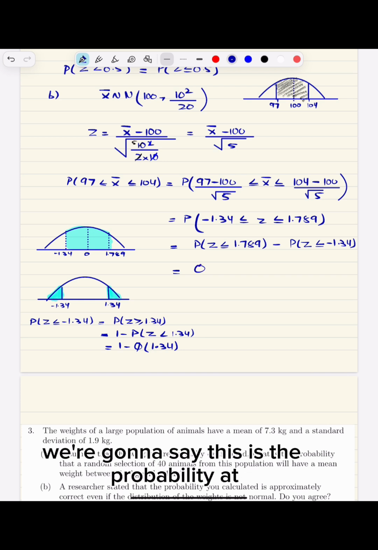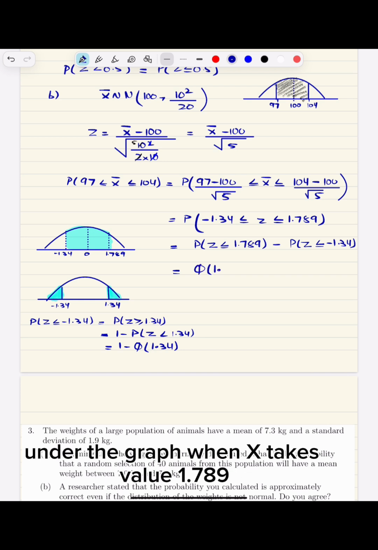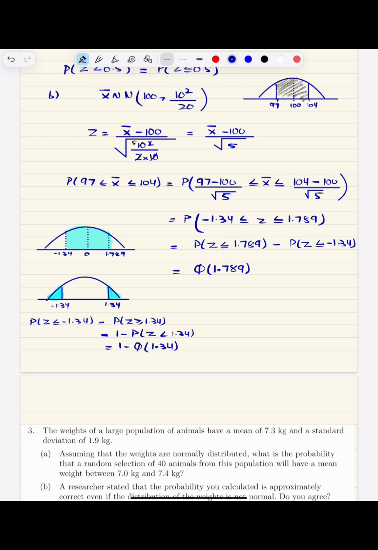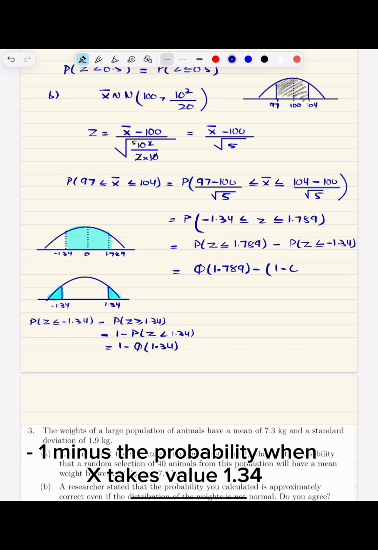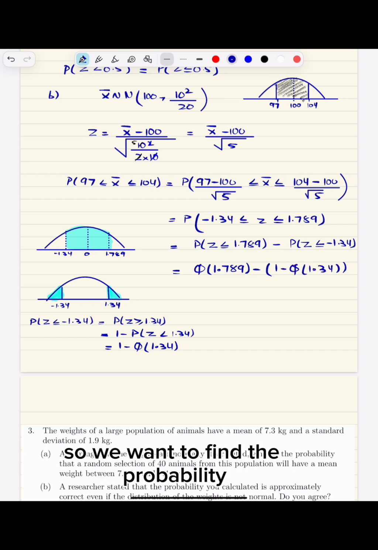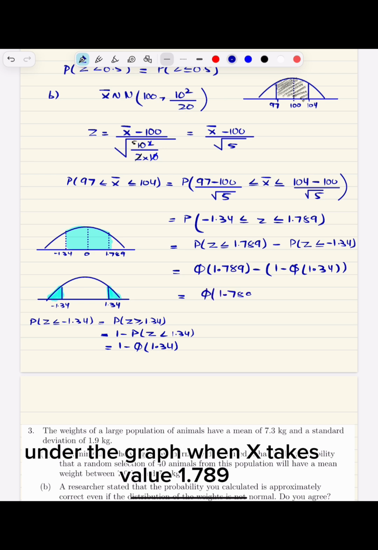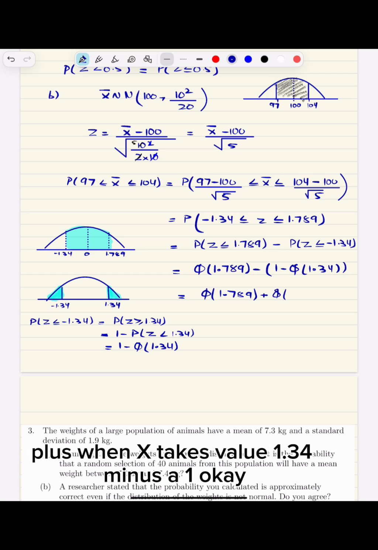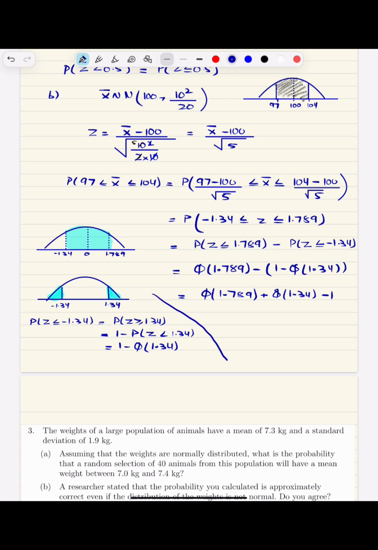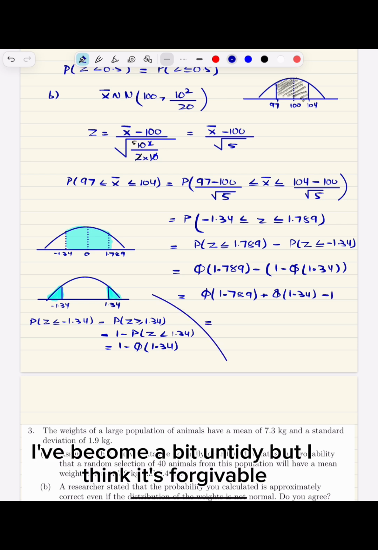This is the probability under the graph at 1.789 minus 1 minus the probability at 1.34. So we want to find the probability at 1.789 plus the probability at 1.34 minus 1.